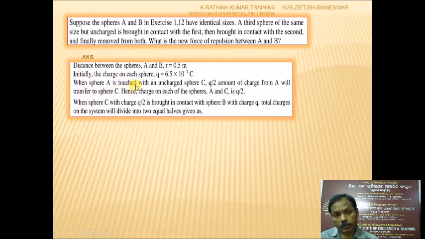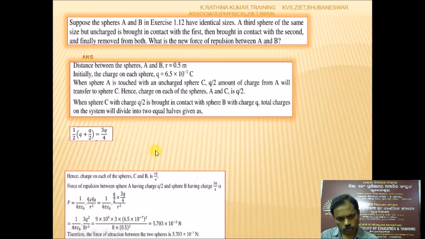When sphere A is touched with the uncharged sphere C, Q by 2 amount of charge from A will be transferred to the sphere C, so A is left with Q by 2. When sphere C with the charge Q by 2 is brought in contact with B, which has the charge Q, the total charge on the system will divide into two equal halves, given as 1 by 2 into Q plus Q by 2, which is equal to 3Q by 4.